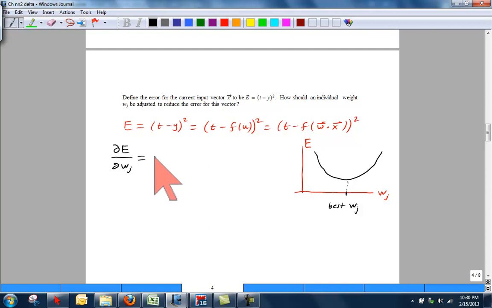So if I use the chain rule, here's a 2 times (t minus y) to the first power, and then the derivative of minus y with respect to w_j, actually, partial y, partial w_j.